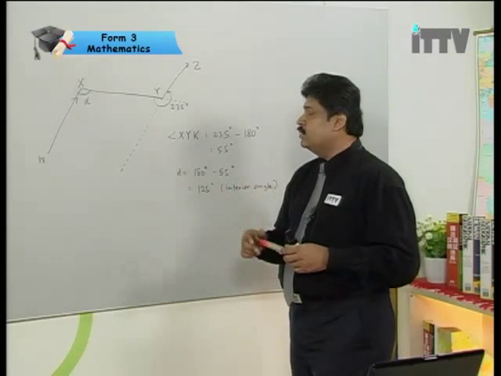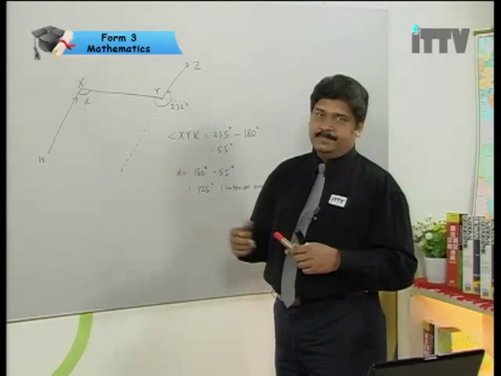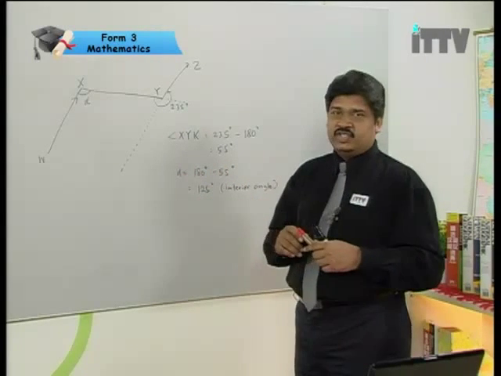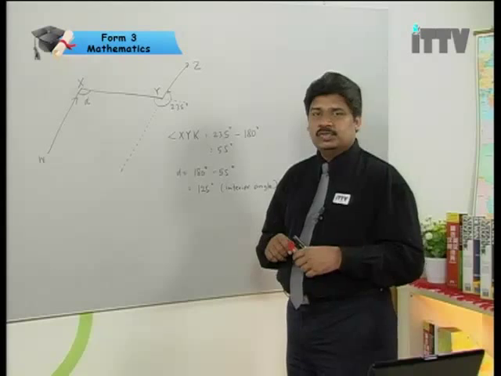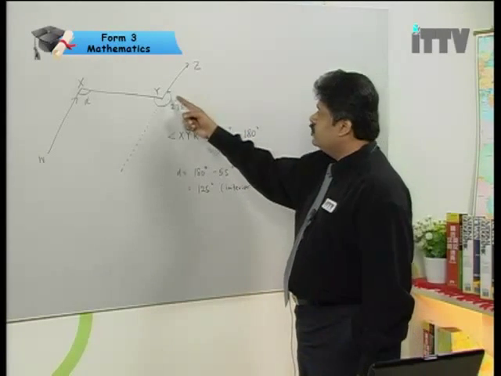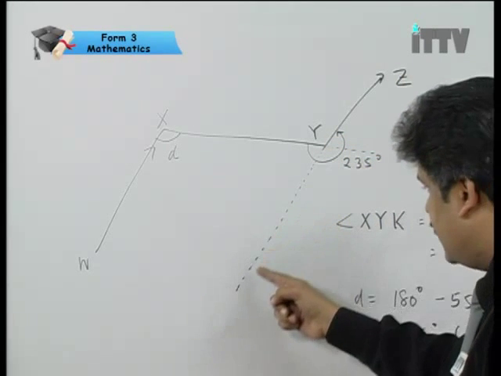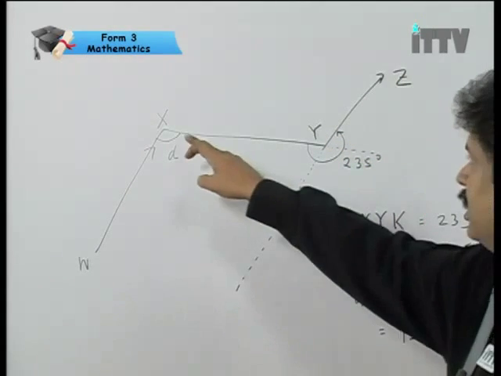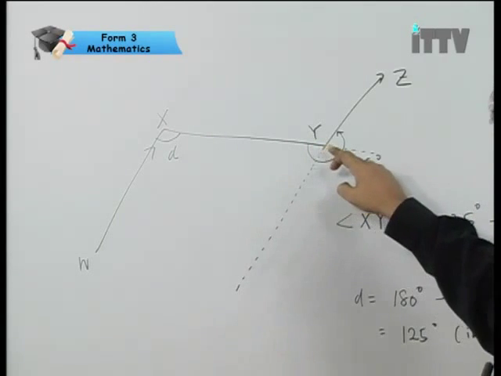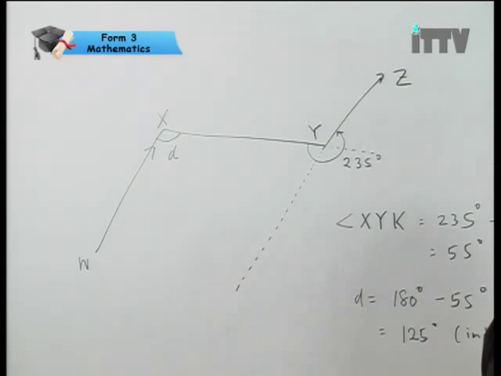The reason is because we need to find D. Without any extensions, we may not be able to solve for D. So in this question, we need to extend the line ZY further down this way, and line XY extend it further this way in the form of dotted lines.